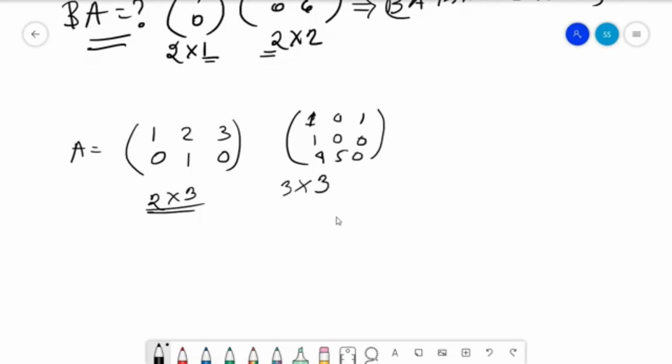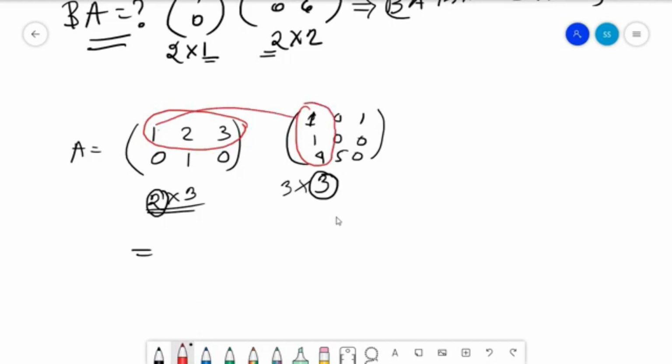So this is a 3 cross 3 matrix, and you can immediately guess that the resulting matrix will be a 2 cross 3 matrix. So how to multiply these things? Again, take this whole row multiplied with the first column. So you multiply 1 with 1, 2 with 1, 3 with 4, and then you add them, and that will give a single element.